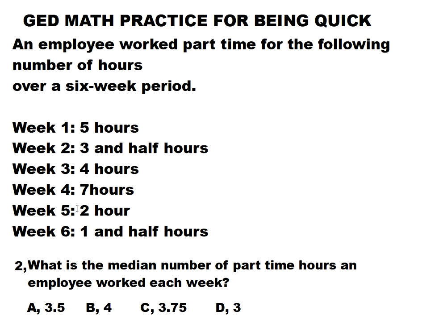But this one is an even number, so you have to get the middle two numbers. The middle two numbers are 3.5 and 4. So you have to add that and divide the total by 2.